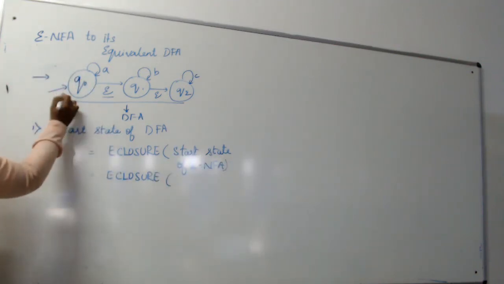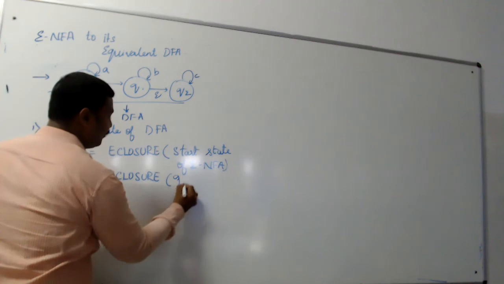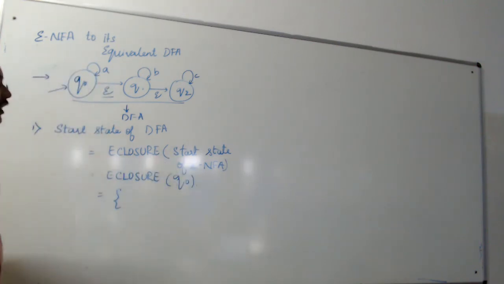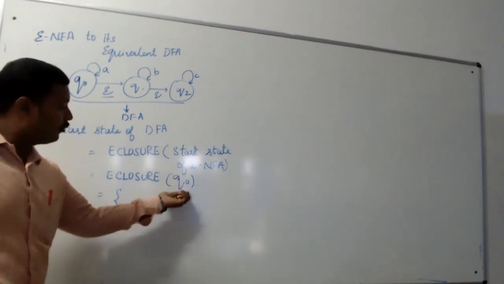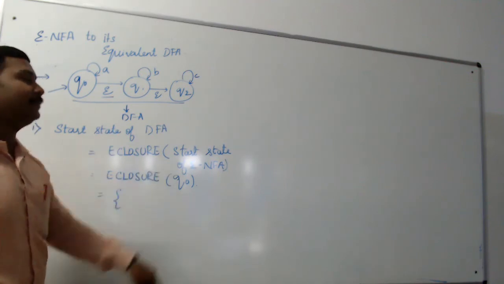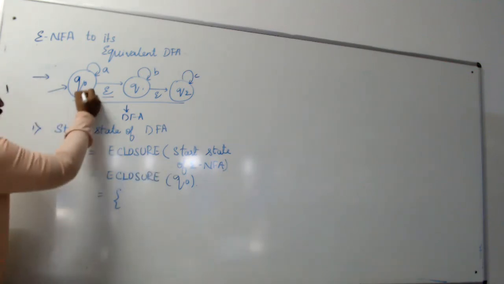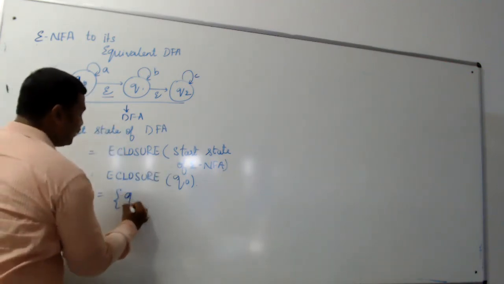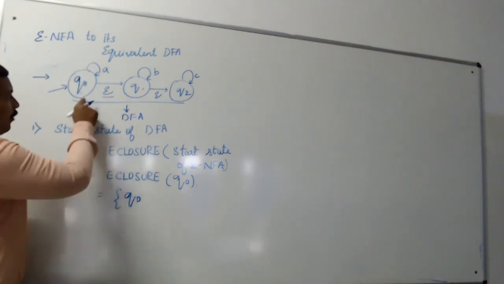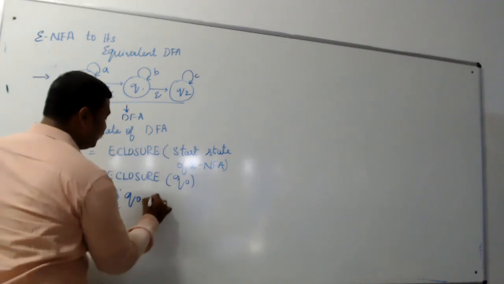So the epsilon NFA start state is Q0, right? And the resulting states will be, from Q0, all the states reachable upon epsilon. Upon epsilon Q0 is reachable, yes. Next upon epsilon Q1 is reachable, yes.